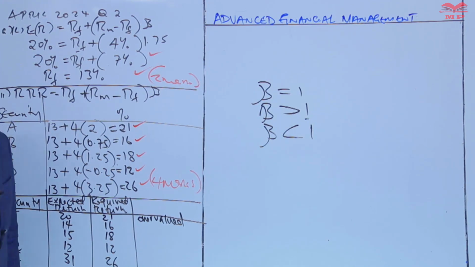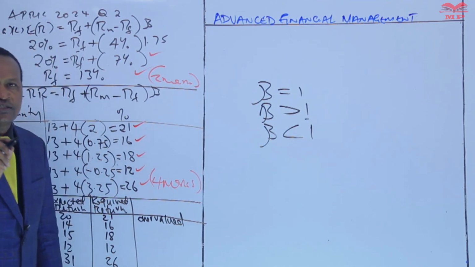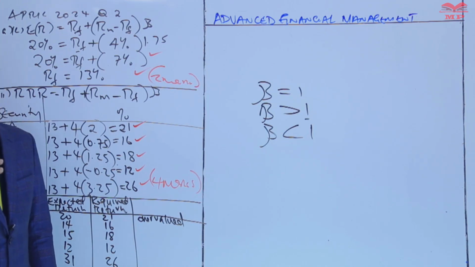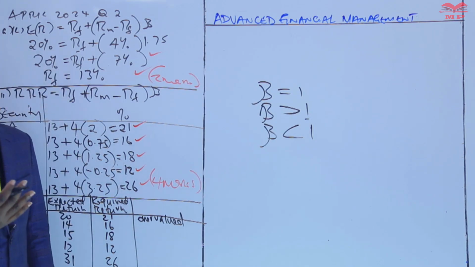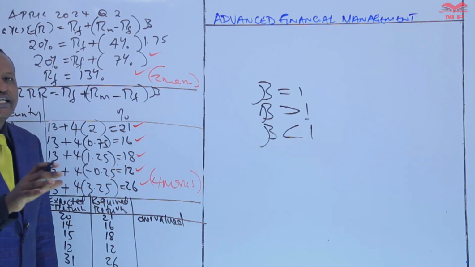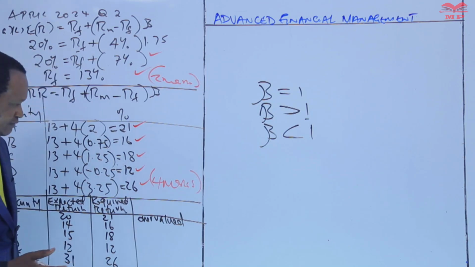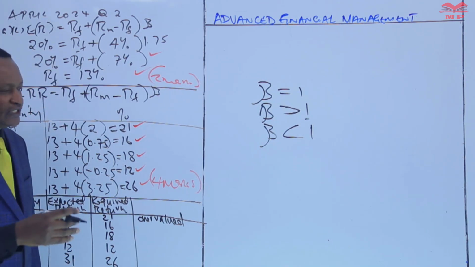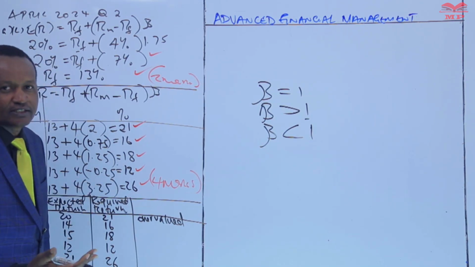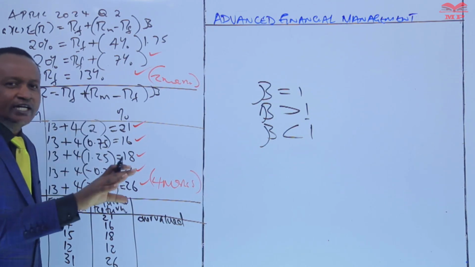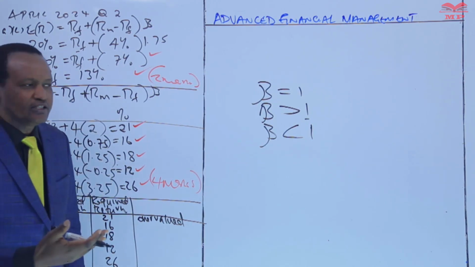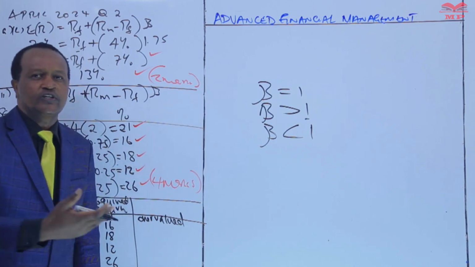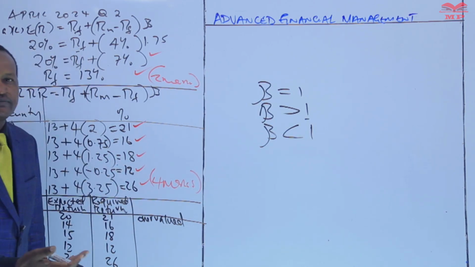Now, candidates, you need to understand that expected return is the return an investor anticipates earning from a security. And required rate of return is the minimum return an investor expects to compensate for the risk of investing in the security.